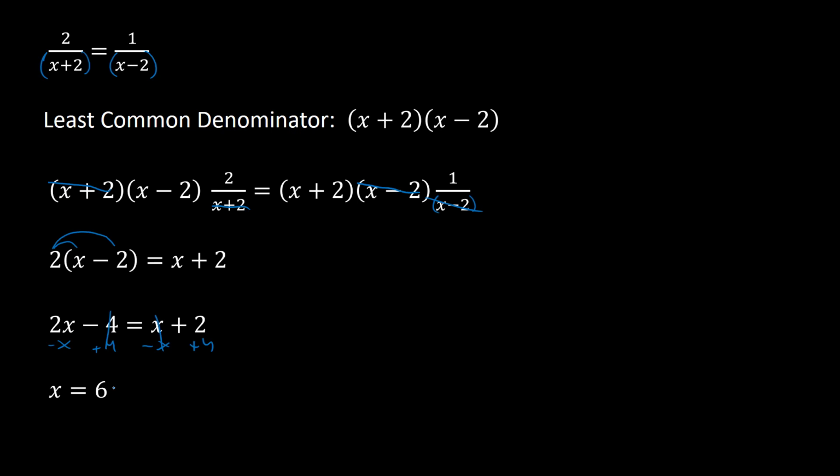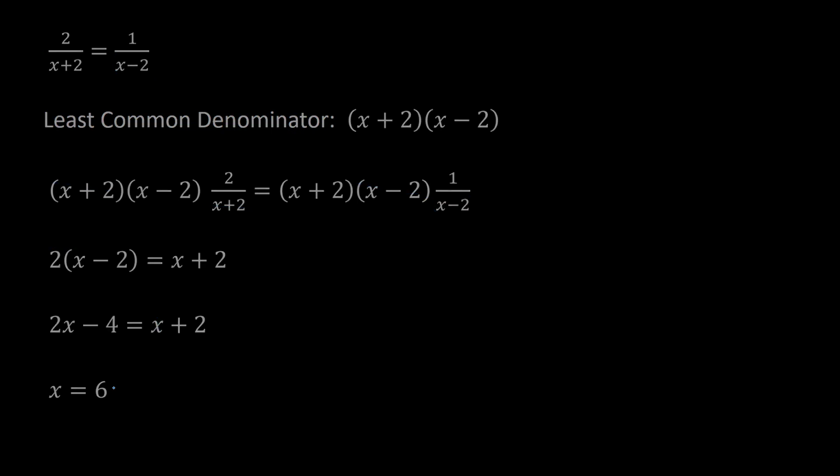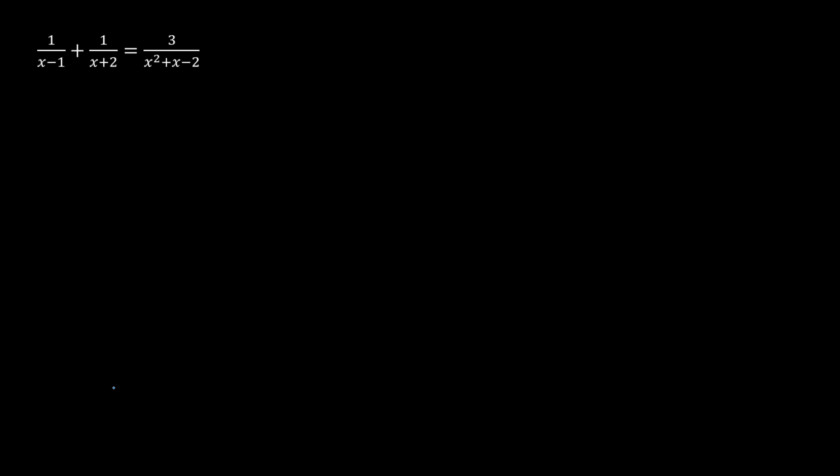And now for the most difficult type of problem that you'll see is one along these lines, where I have 1 over x minus 1 plus 1 over x plus 2 equals 3 over x squared plus x minus 2. And this one is difficult because you need to factor first, and then find the least common denominator, and then multiply everything by that least common denominator.